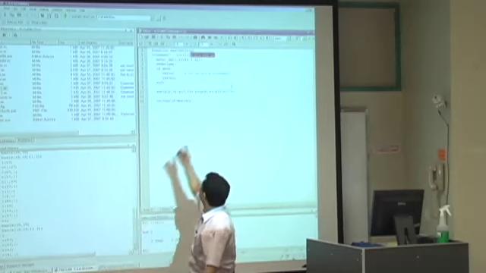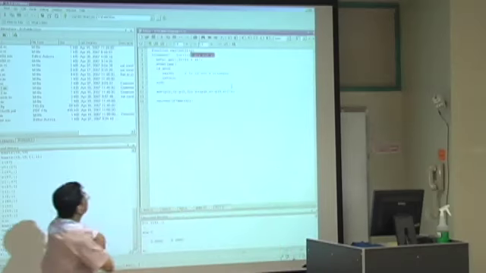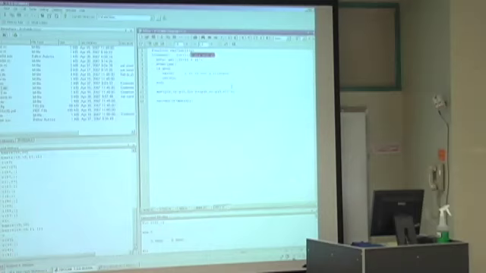Then, right, 3 vertices, like 0, 0, 1, 0, 0. So 3 vertices information coming in. Then we're using these things. I calculated this value.